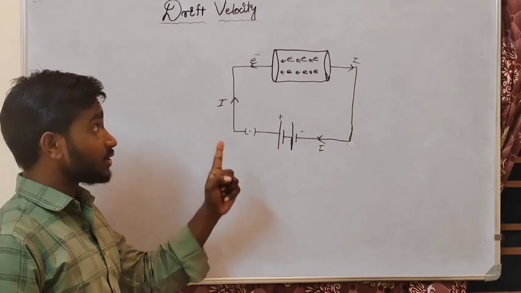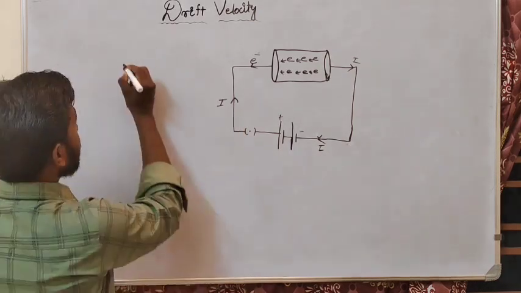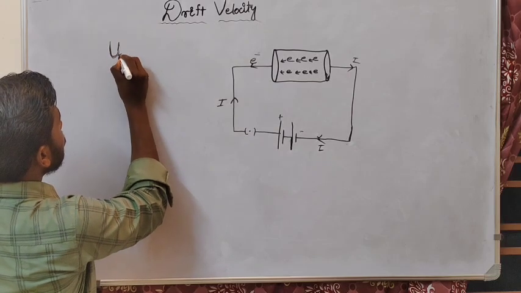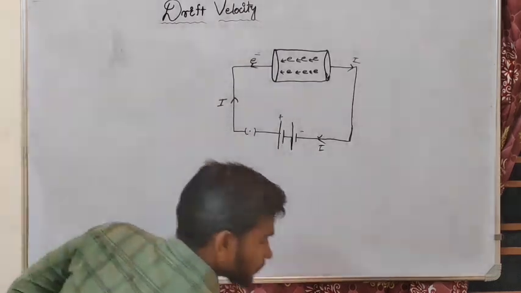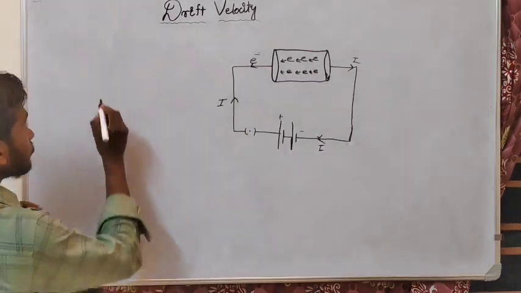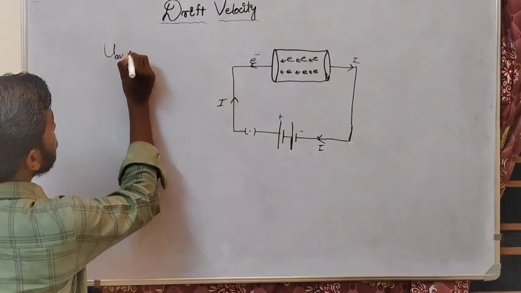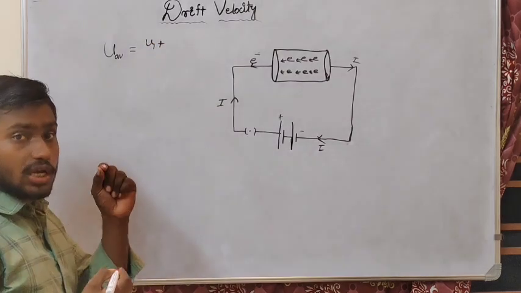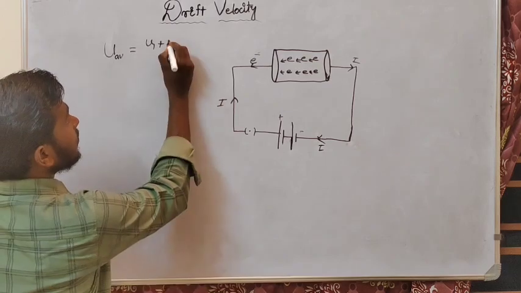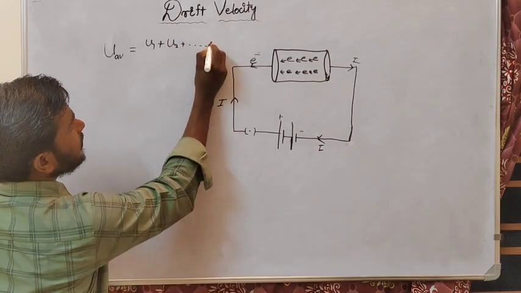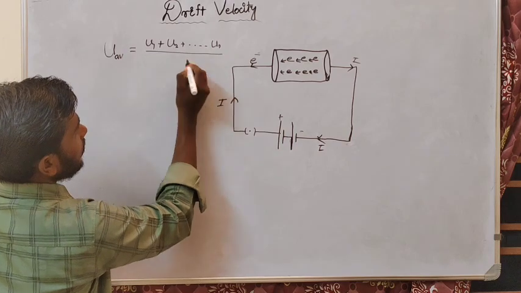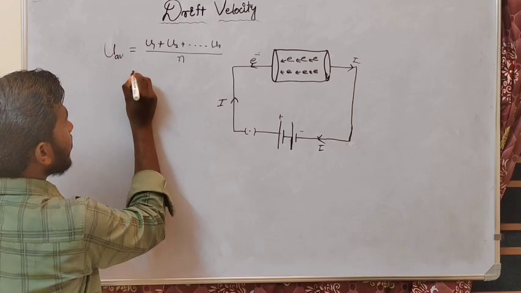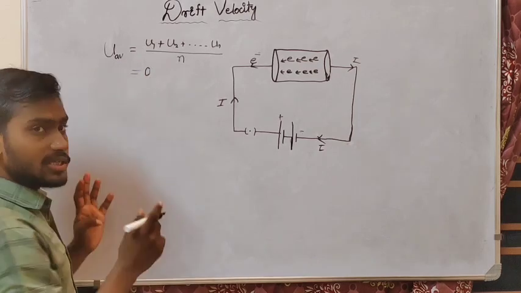Now the average velocity of the free electrons. U1 is the random velocity of the first free electron, U2 is that of the second, and like that, Un is the random velocity of the nth electron. As I already said, the average velocity will be 0.